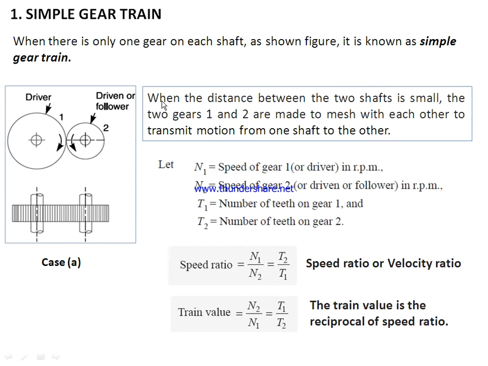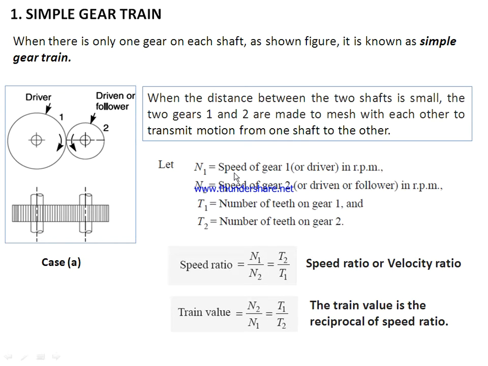Now when the distance between the two shafts is small, the two gears 1 and 2 are made to mesh with each other to transmit motion from one shaft to the other.